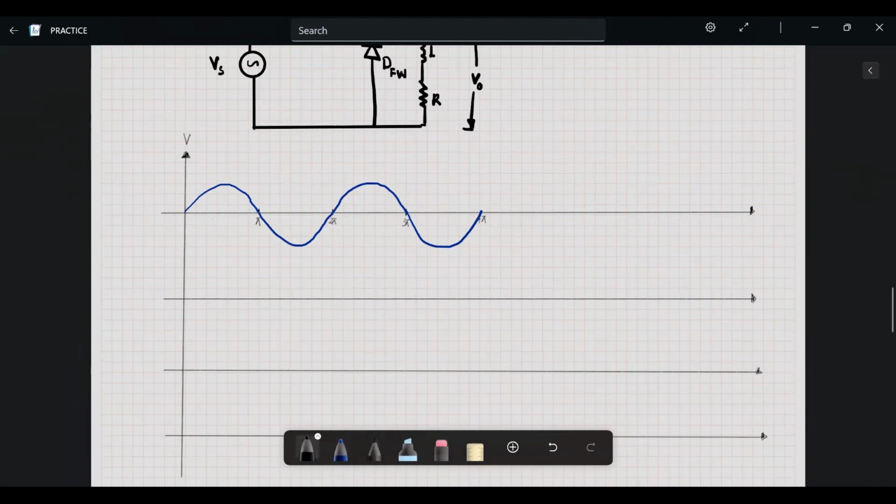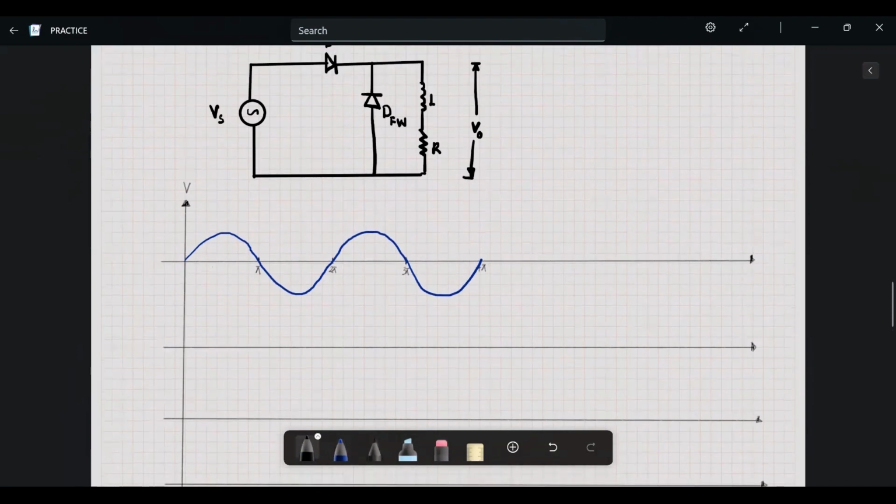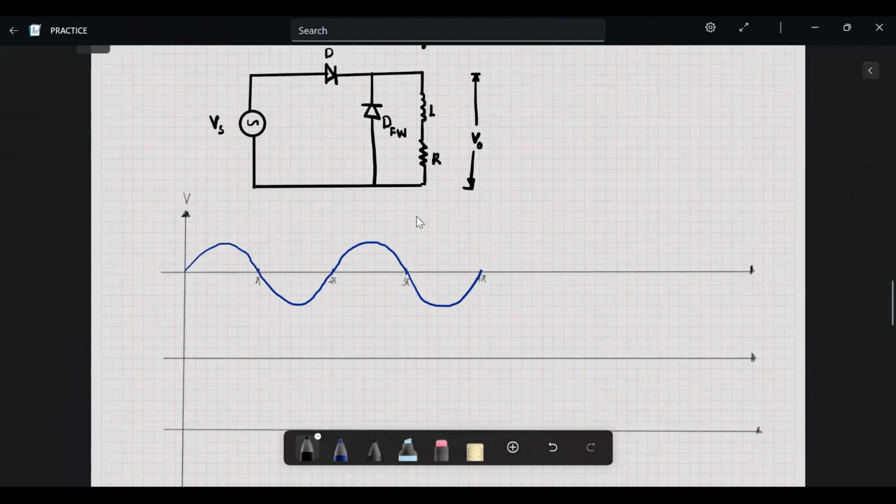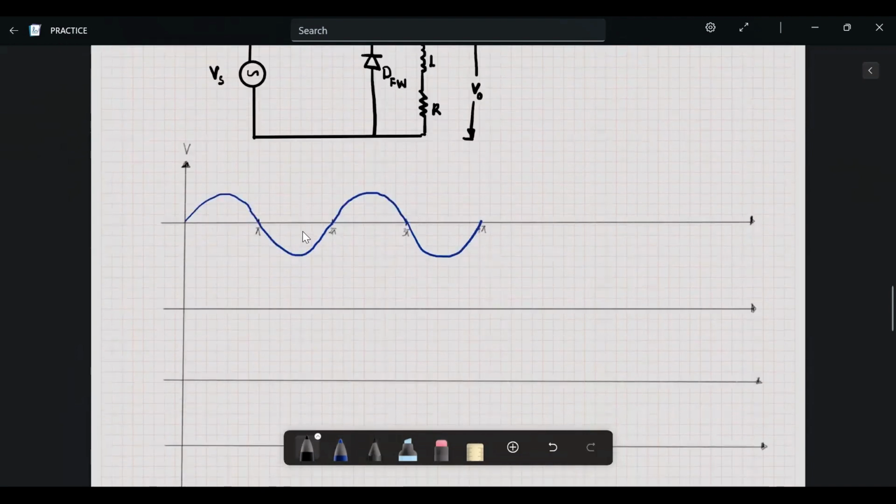Now, you know that what will happen is that the output, a diode is going to block this part of the voltage, the negative part of the voltage.